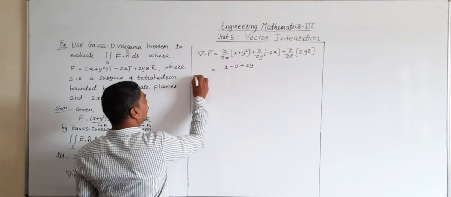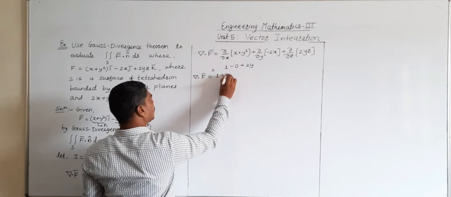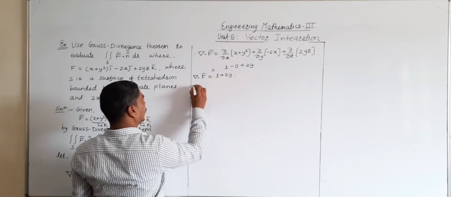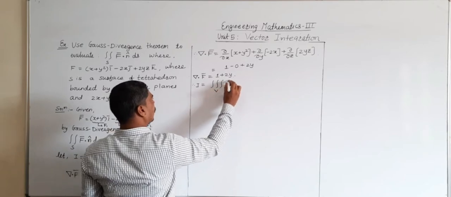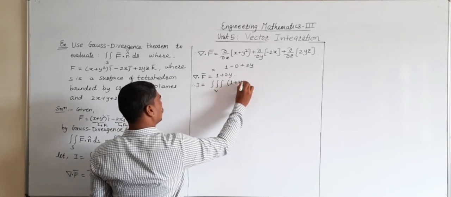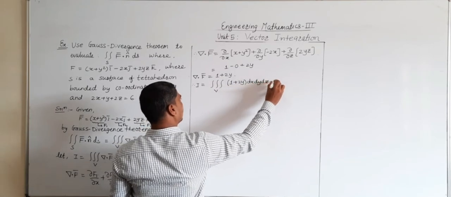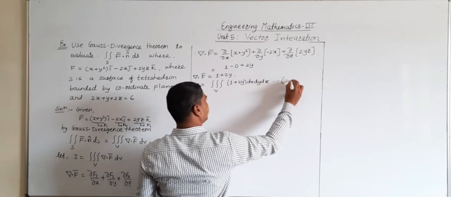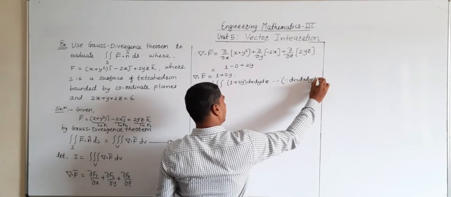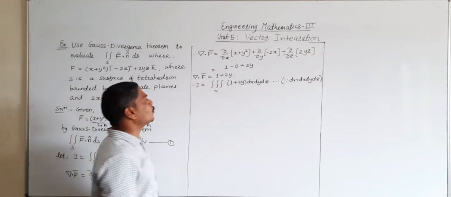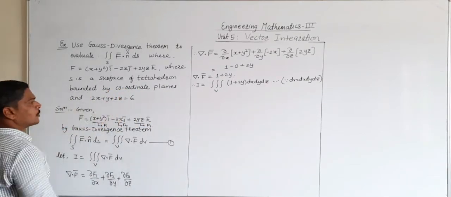In that way we get del dot f bar equal to 1 plus 2y, and therefore I is equal to the triple integration over V of 1 plus 2y dV, where dV becomes dx dy dz. Okay, so our requirement is to find this volume integral with respect to x, y, z for the given surface.